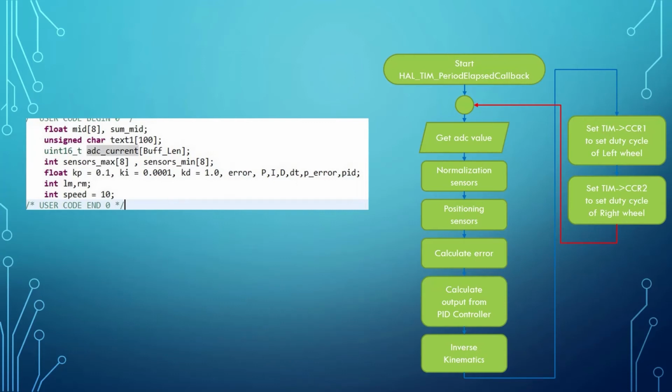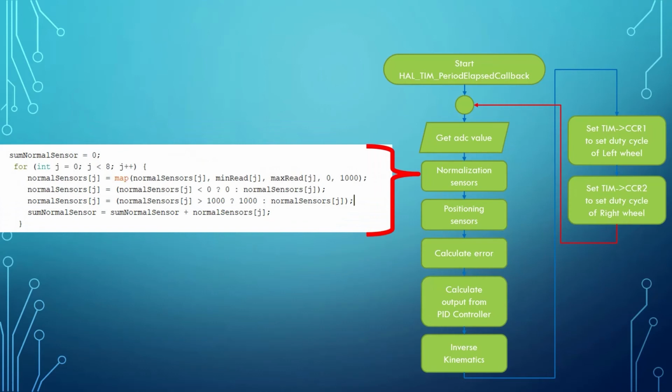So this one is the variable declaration, and we declare sensor max, sensor min, KP, KI, KD in the PID controller. We have the error, and LM and RM for left and right motor, and we also define the speed equal to 10.